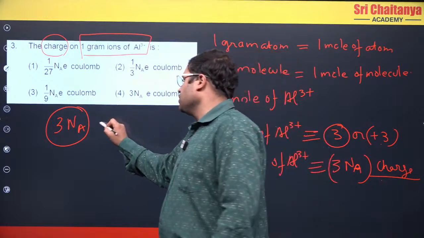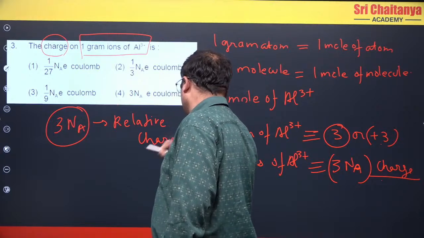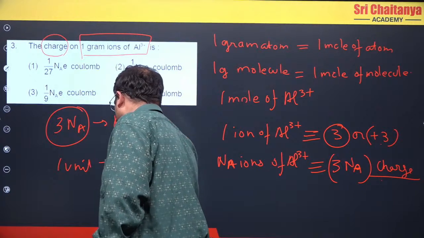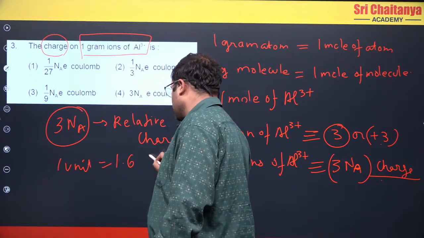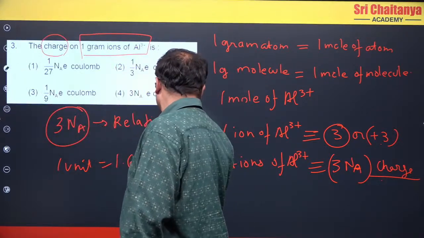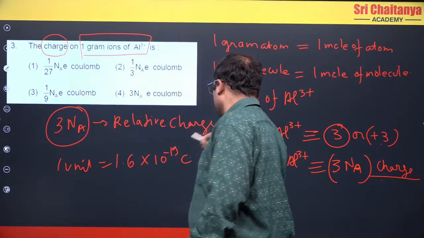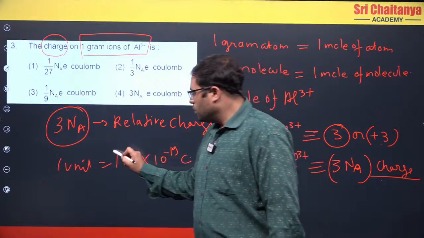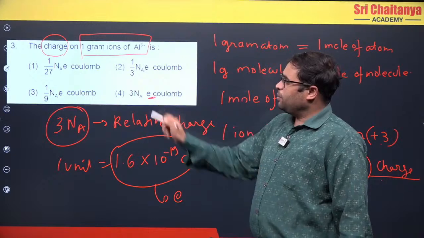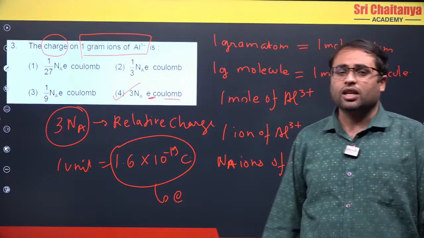This is relative charge. 1 unit of charge is 1.6 into 10 raised to power minus 19 coulombs, and this charge is represented by a small e. That's why they have multiplied by e and the answer is in coulombs. So the 4th is the correct answer. These things will become clear as we move forward.